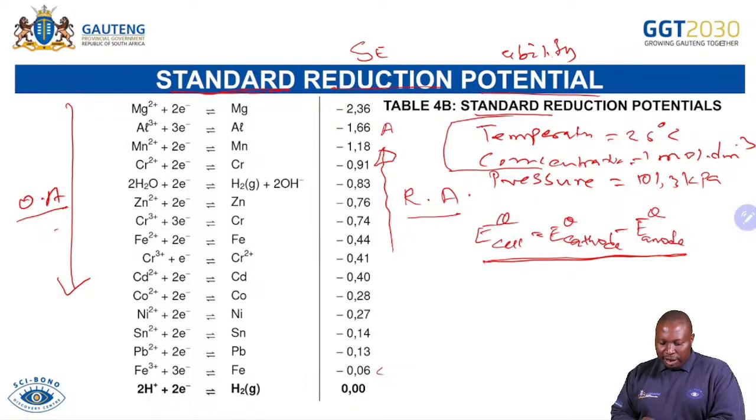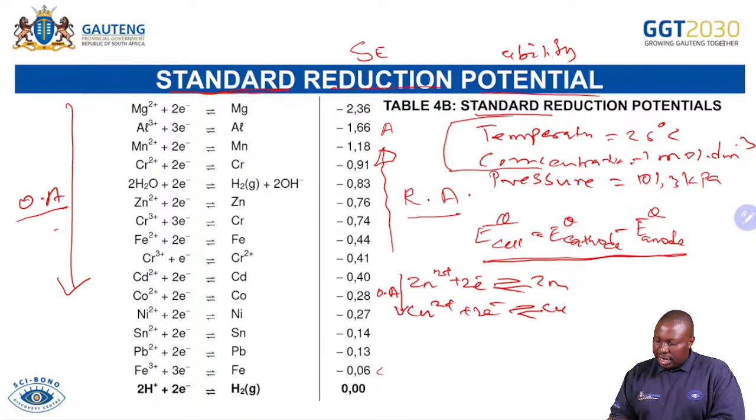That helps you. If I was to use the example of a zinc copper cell, where we have Zn2+ plus 2 electrons forming zinc, and Cu2+ plus 2 electrons forming copper, you are able to know that as we go down on the table, we are finding a stronger oxidizing agent. As we go up, we are finding a stronger reducing agent.